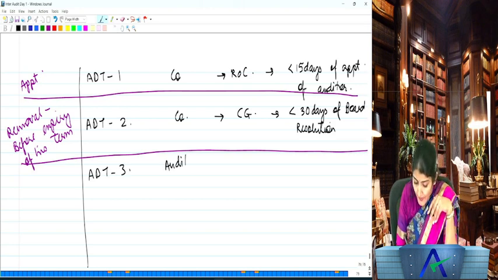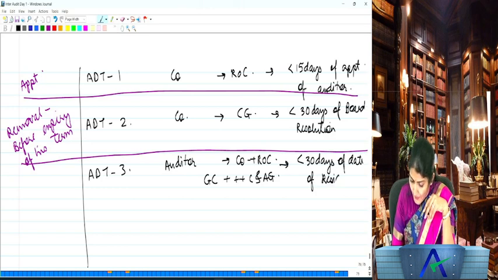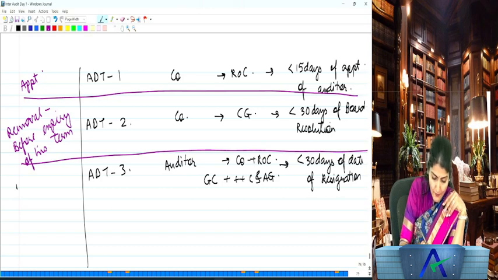The auditor needs to file it with the company and the ROC, and in case of a government company, additionally with the C and AG, within 30 days from the date of the resignation. So this is in case of the resignation of the auditor. Are you understanding this?